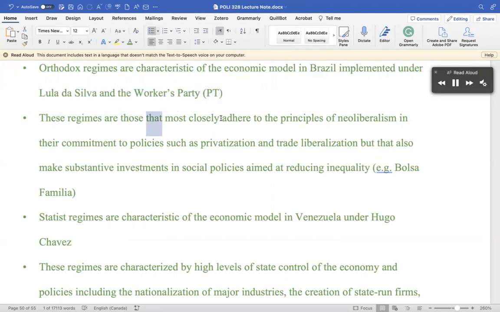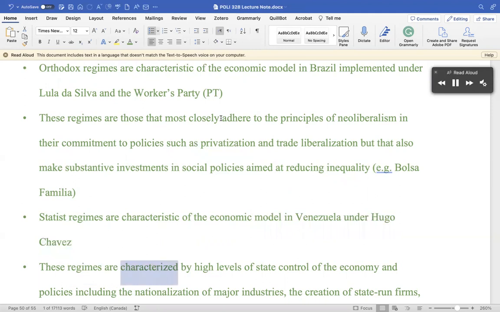These regimes are those that most closely adhere to the principles of neoliberalism in their commitment to policies such as privatization and trade liberalization, but that also make substantive investments in social policies aimed at reducing inequality, e.g. Bolsa Familia. Statist regimes are characteristic of the economic model in Venezuela under Hugo Chavez.